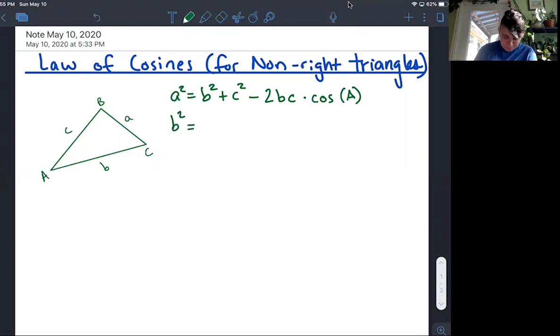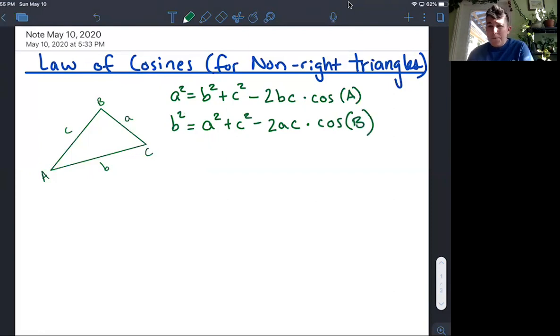B squared equals A squared plus C squared minus, following the pattern, 2 times A times C times the cosine of the opposite angle of our unknown, so the cosine of B. And finally, the last iteration is C squared equals A squared plus B squared minus 2, following the pattern, times A times B times the cosine of C. Booyah.